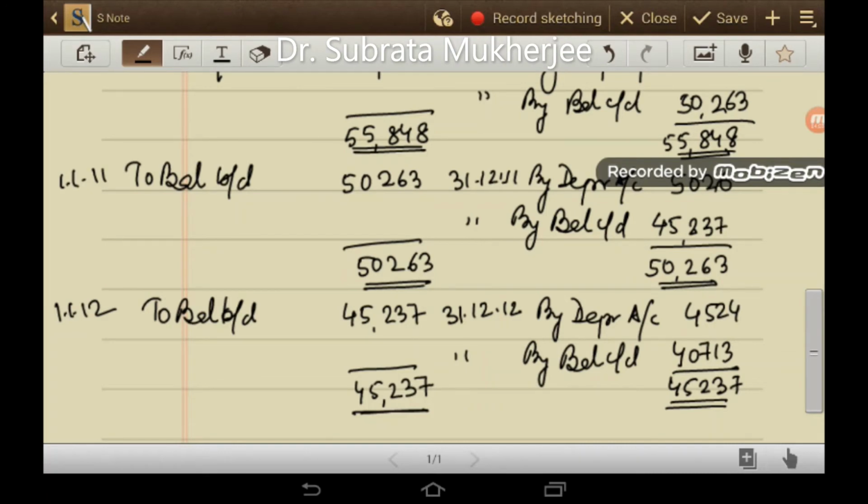Again on 31st December 2011, by depreciation 10% has been charged on the written down value, 5,026. By balance CD 45,237 is the balancing figure. Now this amount will be carried forward to 1st January 2012 to balance BD 45,237, and at the end of the year, that is on 31st December 2012, by depreciation 4,524, and by balance sheet is the balancing figure of the asset as on 31st December 2012.